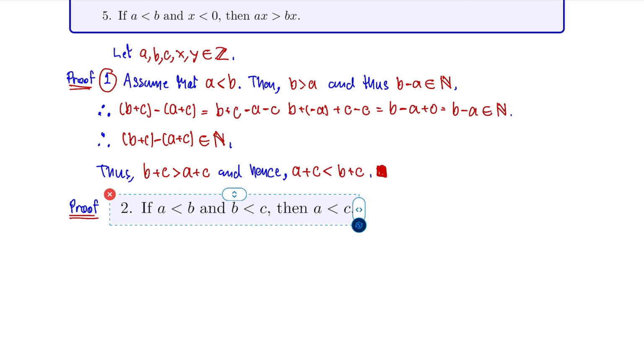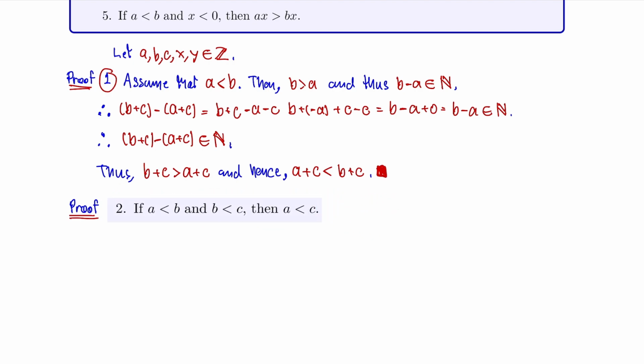If a is less than b and b is less than c, we can have a less than c. So we have to assume that a is less than b and b is less than c, and try to show that a is less than c.